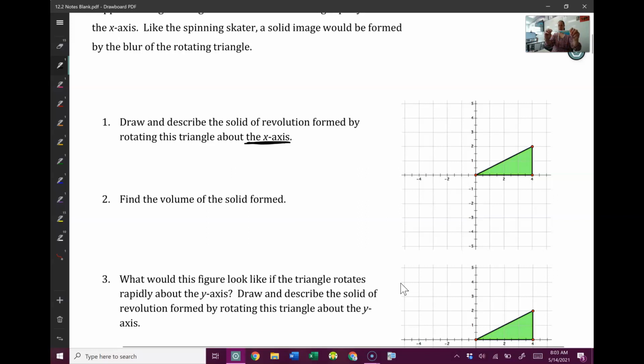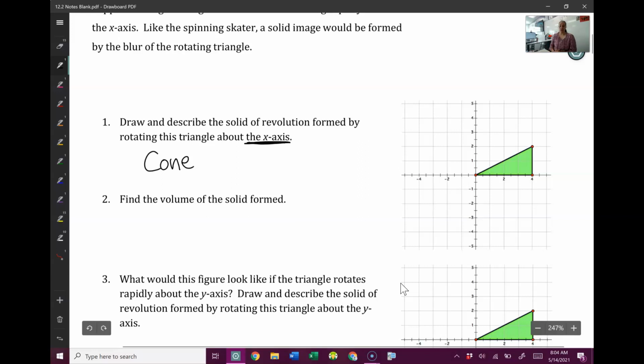If I start spinning that faster and faster, we can start to see what shape it's going to make. If I take this triangle and spin it all the way around, it's going to give me a cone. Hopefully you can start to visualize that. So we know that this is going to be a cone.